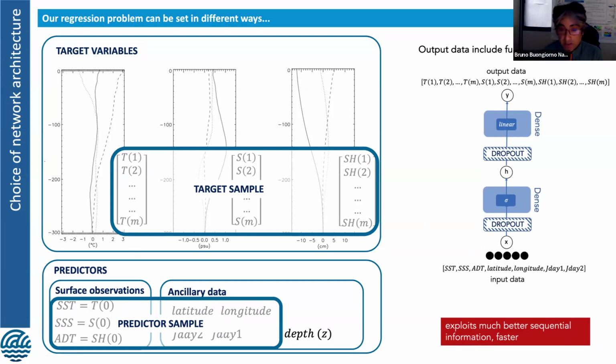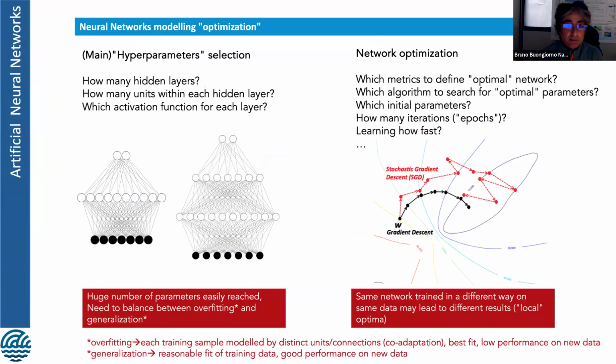Of course, there are a lot of tests that need to be done when you want to set up a neural network, because there are many hyperparameters that one has to tune. So deciding how many hidden layers should be used, how many units within each hidden layer, and which activation function should be used in each layer, and so on.